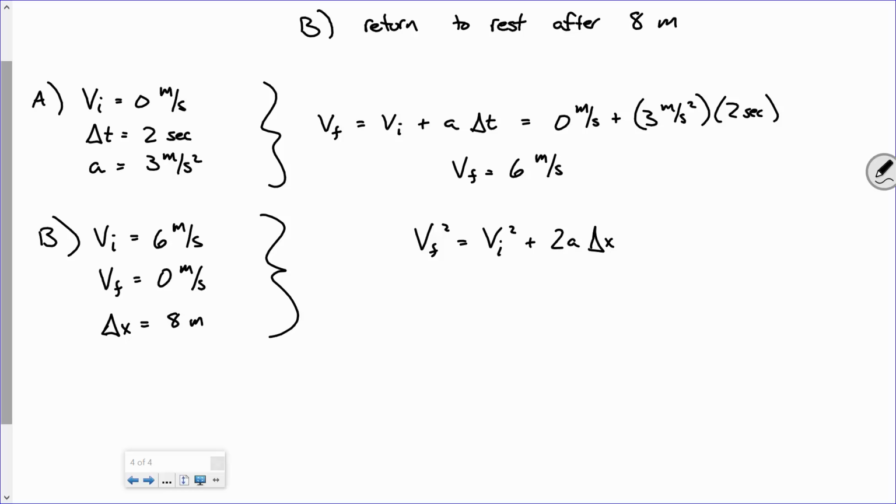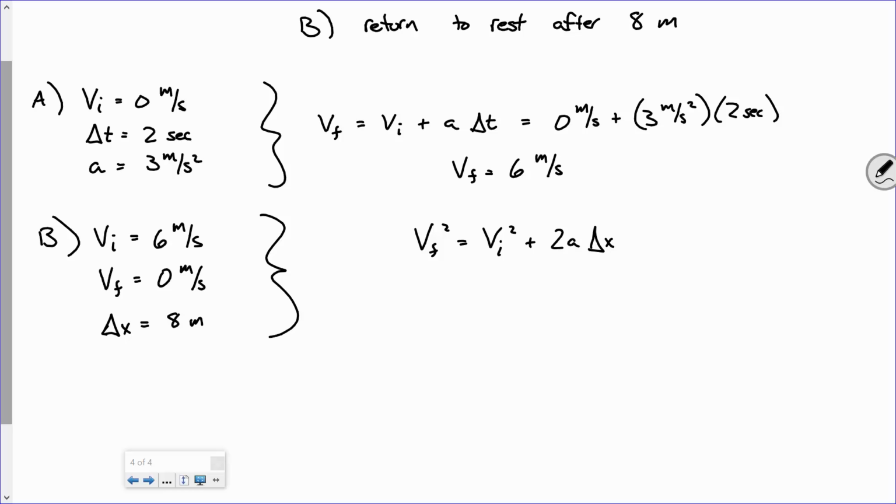What don't I know in this expression? I don't know the acceleration, right? Because think about what's going on. The particle got faster and faster and faster, right? And then once it was going at that speed, it slowed down. Now we know it slowed down over a distance of 8 meters, but we don't know at what rate it slowed down. And that's what we're trying to determine right here.